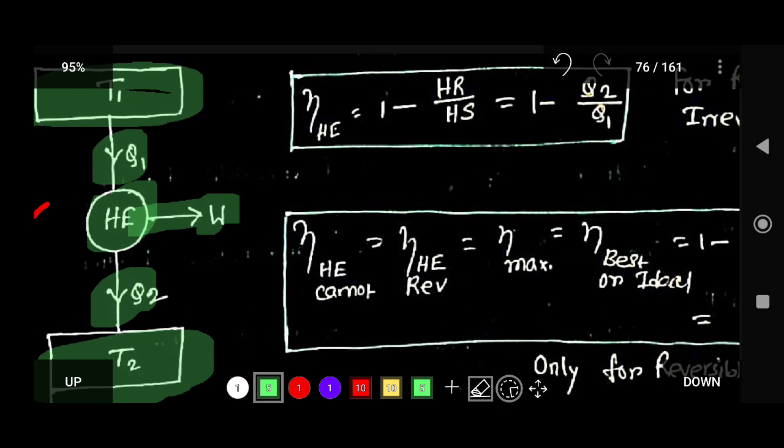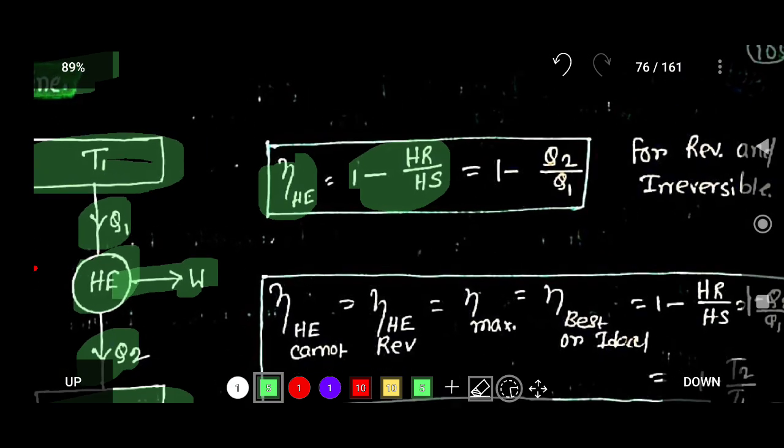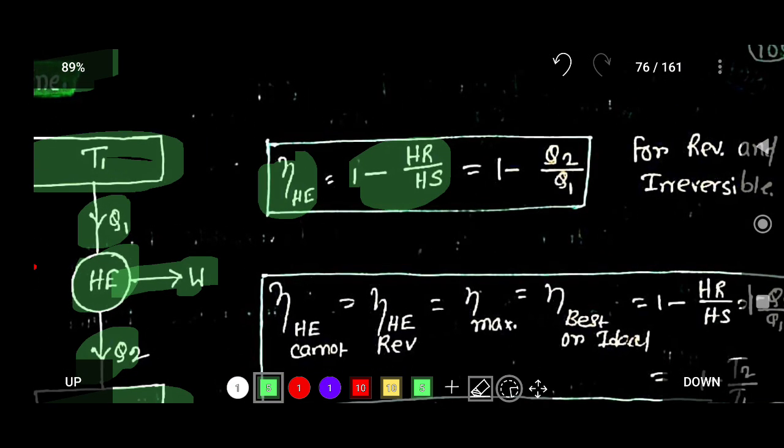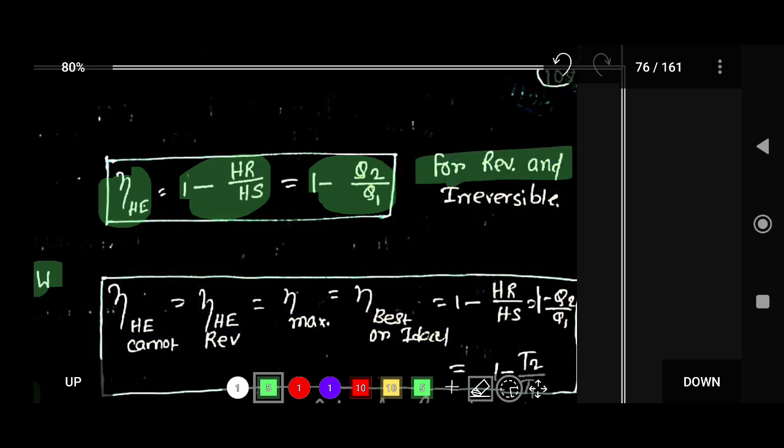So the efficiency of this heat engine is 1 minus Q2 by Q1, that is, 1 minus heat rejected by heat supplied. This formula is applicable for both reversible and irreversible engines.